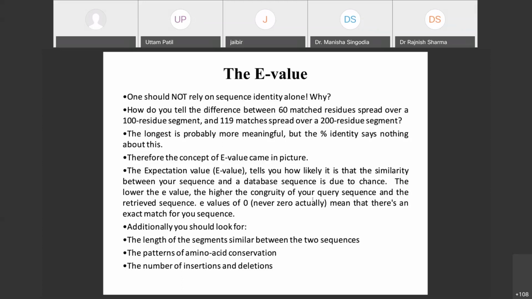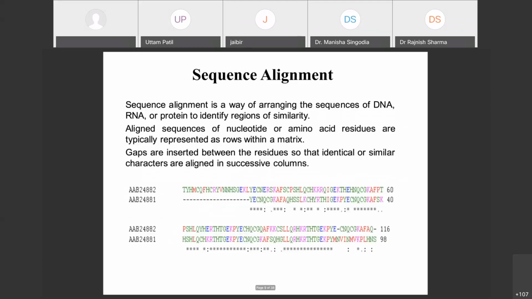Once you start practicing sequence alignment, sequence similarity search, multiple sequence alignment, protein structure modeling, and all these things, automatically these things will come into your mind that along with the percentage identity and e-value, I also have to see many other things, especially the number of indels. We will come later on to all those things.